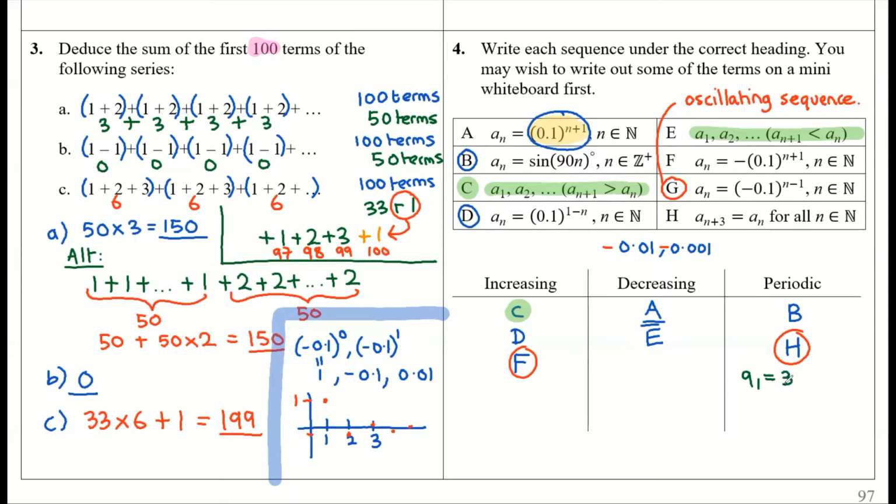Now, that means that my A4 is also equal to 3, because if we have n as 1, n plus 3 is also the same.